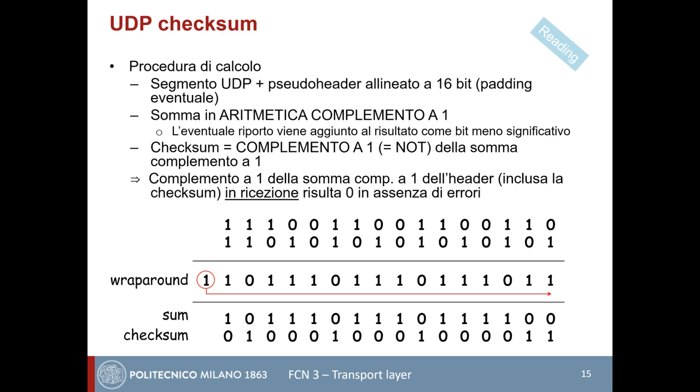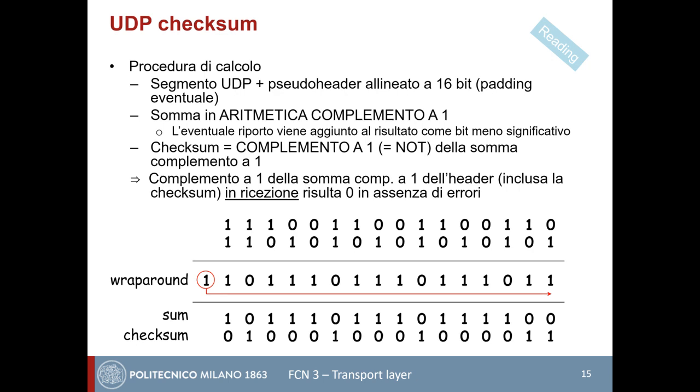The numbers are summed bit by bit, and each time you sum two ones, there is a carry. First you start summing from the least significant bit, that is on the right, and then if there is a carry, the carry is summed to the next bit going to the left.